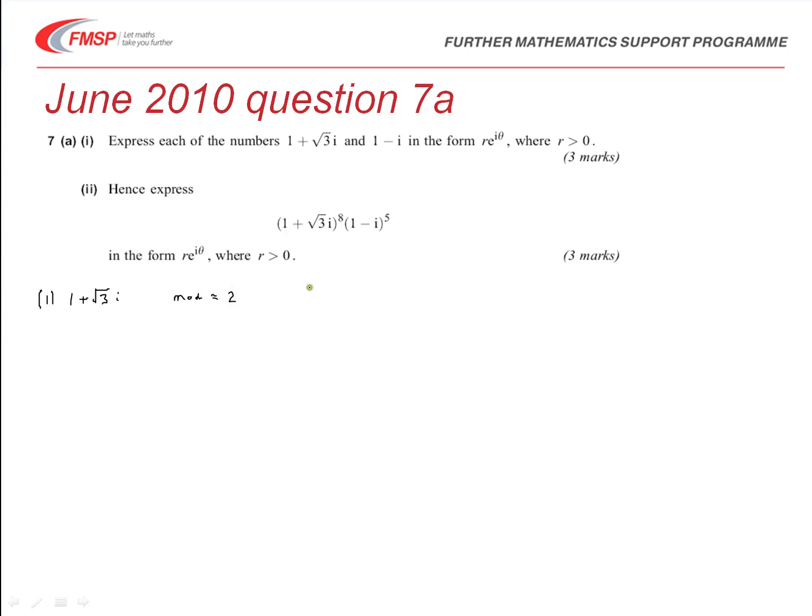And then its argument, its angle theta, for this particular one, is going to be tan to the minus 1 of root 3 over 1, which we should know is pi by 3. Okay, that's 60 degrees. And so this number can be rewritten in the form 2e to the pi over 3i.